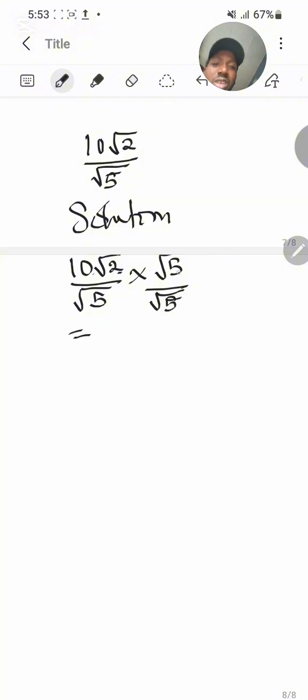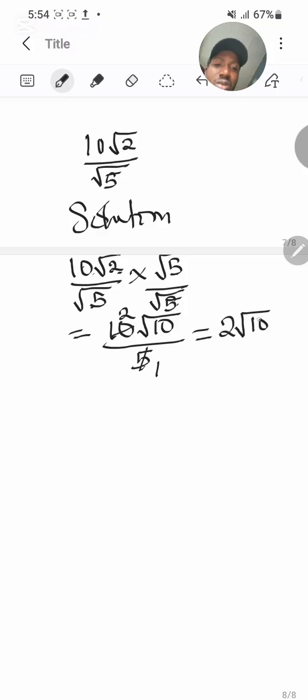Now 10 root 2 times root 5, don't forget there's an invisible 1 here. That's 10 times 1, that's going to be 10. Root 2 times root 5, that's going to give you root 10, all over surd 5 times surd 5, that's going to give you 5. Now in this situation, this 10 that is outside is a whole number. This 5 that is also outside is a whole number. So you can easily divide them. 5 into 10 is 2. So our final answer is 2 surd 10.